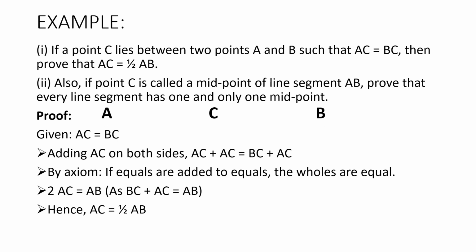Now for the first part, we are given that C lies between A and B and AC is equal to BC. Now we add AC on both the sides. So AC plus AC is equal to BC plus AC. You have the axiom that if equals are added to equals, the wholes are equal. So 2AC is equal to AB. Why AB? Because BC plus AC is AB. Hence AC will be equal to half AB.